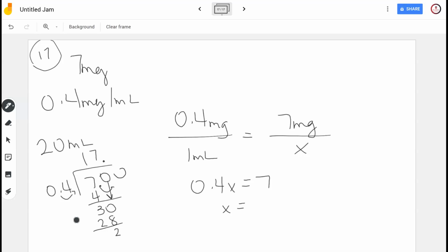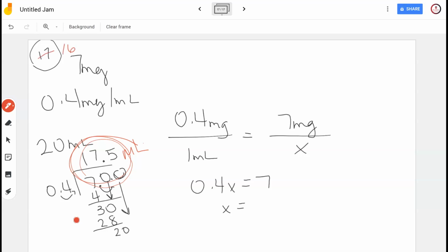And add your decimal point, add your 0, drop that down. 4 goes into 20 5 times. So you are going to give that patient 17.5 milliliters.